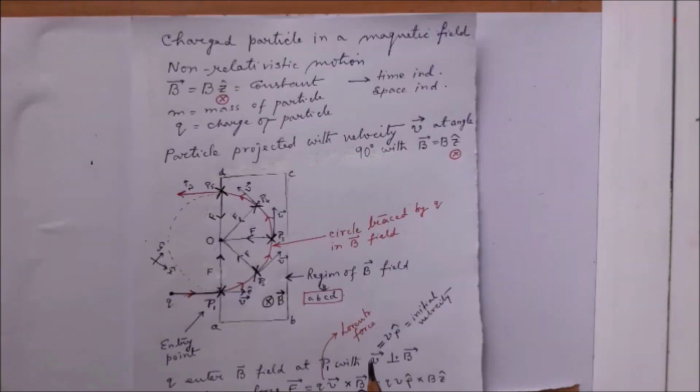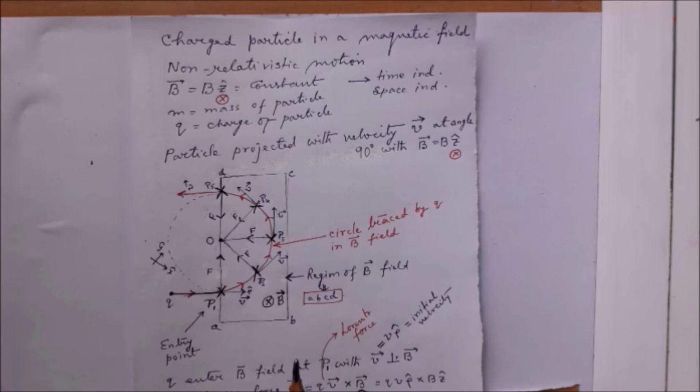Having discussed a few problems, we have learnt quite a few things, and they are as follows. When a charged particle enters a magnetic field, it experiences a Lorentz force that deflects or bends or curls it and prevents it from following a straight line.